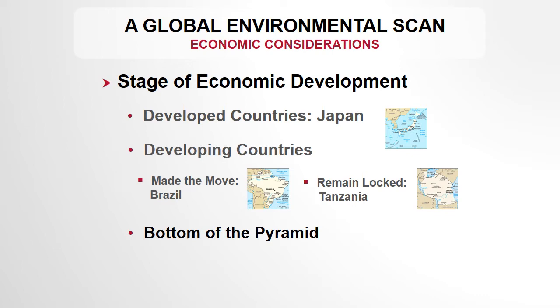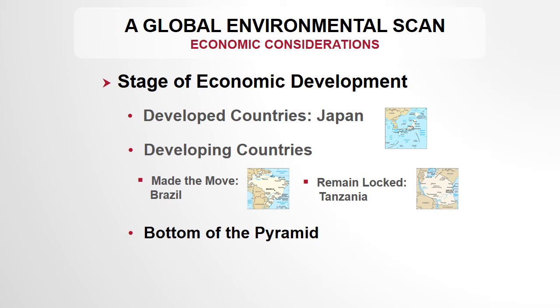Another one is to look at the stage of economic development. We talk about three sorts of countries. We talk about developed countries like Japan, Great Britain, most of the European countries. We talk about developing countries, and many of the developing countries are countries whose economies are still in the developmental stage.